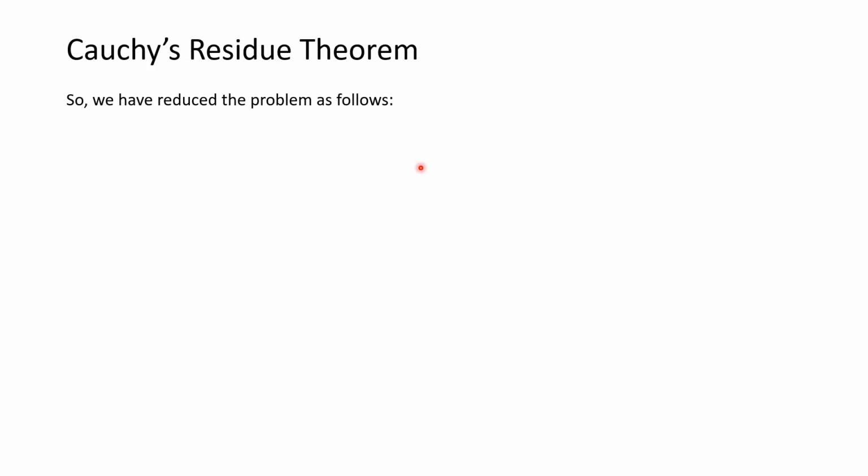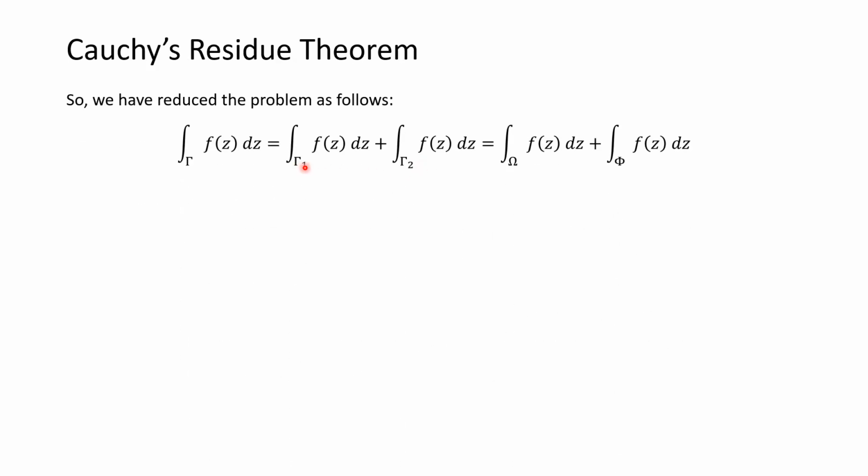So writing things out, I pretty much said this on the previous slide. We replaced gamma with gamma sub 1 and gamma sub 2. And in turn, we replaced gamma sub 1 with omega and gamma sub 2 with phi. And then we noted that there was a lot of cancellation between the contours and the subcontours within omega and phi because they were going in opposite directions.